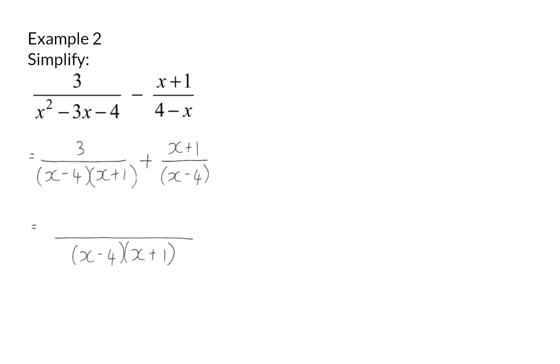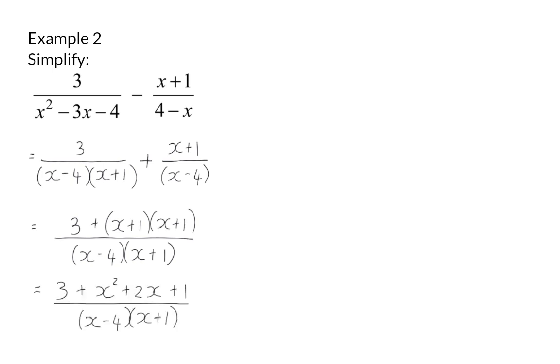The first term already had exactly this as a denominator, so it stays a numerator of 3. The second term's numerator should now still be multiplied by another x plus 1 to form the equivalent fraction with this given denominator. Next, we need to multiply out these brackets and then lastly add up all the like terms.